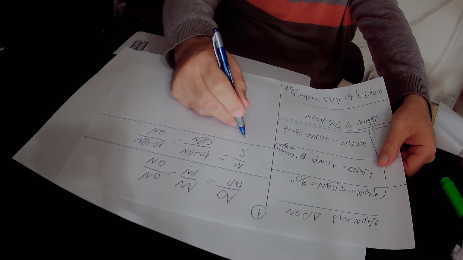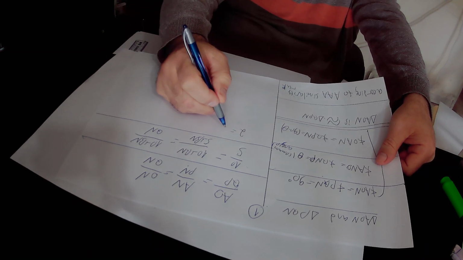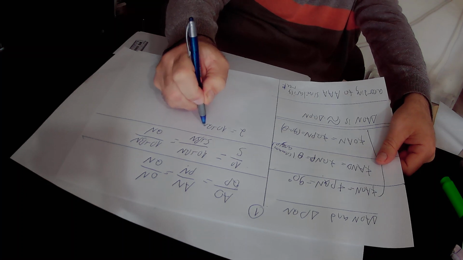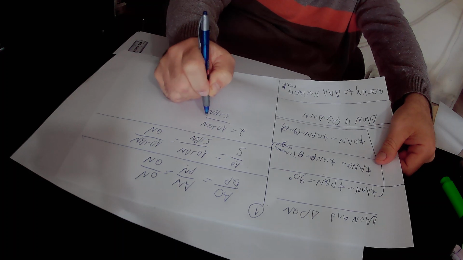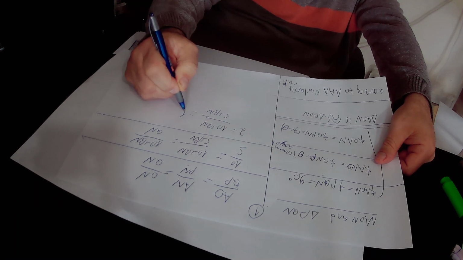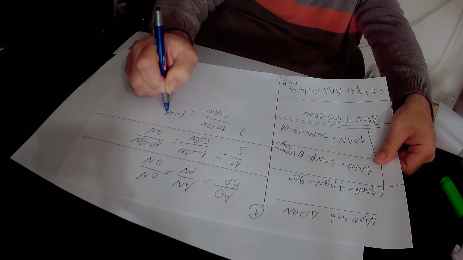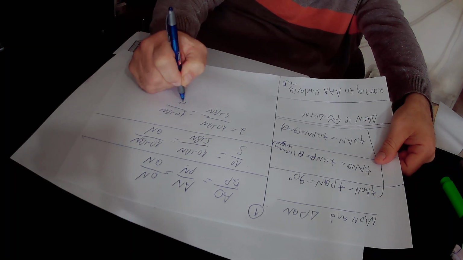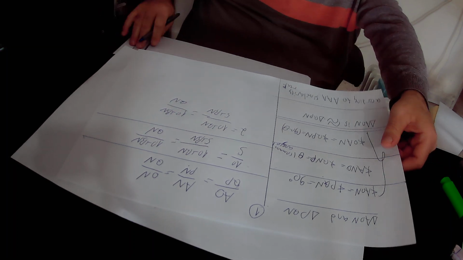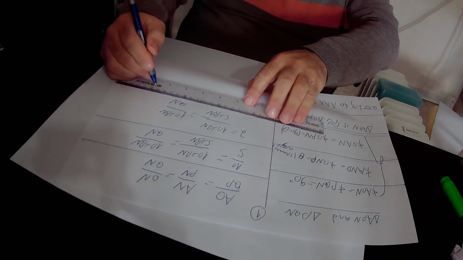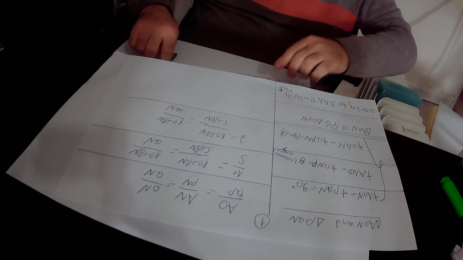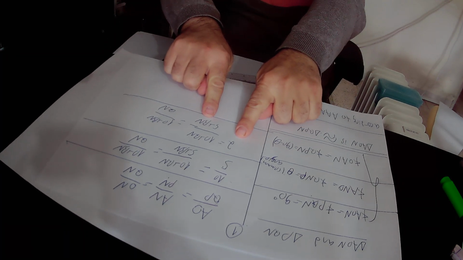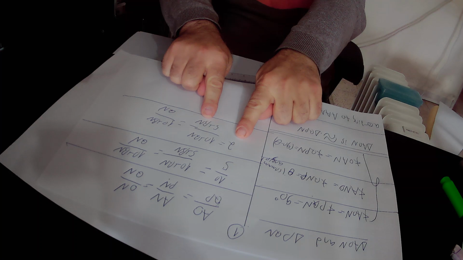Here 10 over 5 is 2, so 2 equals 10 plus QN over 5 plus BN. And it is also equal to 10 plus BN over QN. Those two sides are equal to each other. Therefore, we create equation number 1 from those two sides.